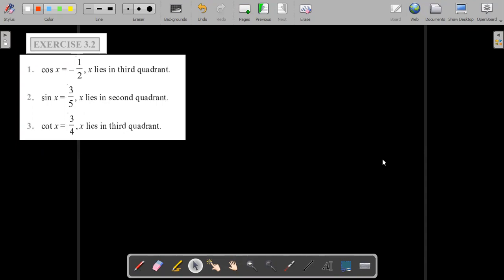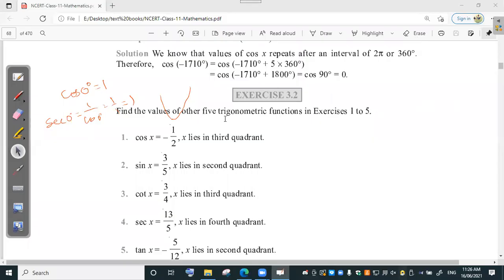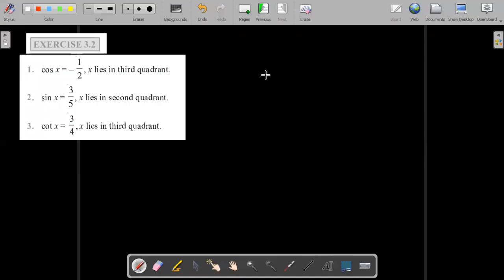We have to find the value of cos x, cos x is minus 1 by 2 given to us. We have to find the value of other trigonometrical ratios. The question is, find the values of the other 5 trigonometrical ratios in the third quadrant.